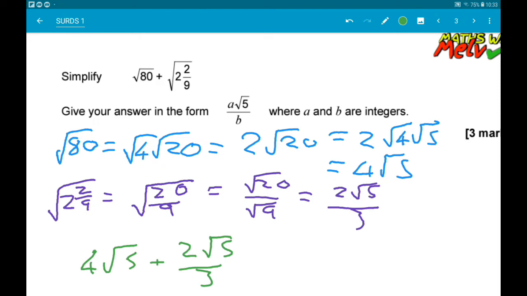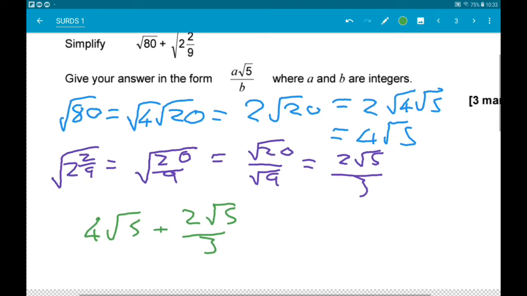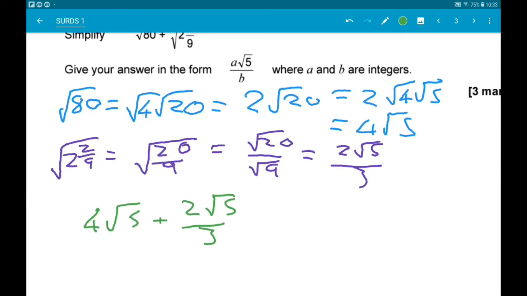So now the way to add these together is go for common denominators. Essentially we can think of 4 root 5 as 4 root 5 over 1. Now we need that 1 to be a 3. So we multiply the top and bottom by 3.